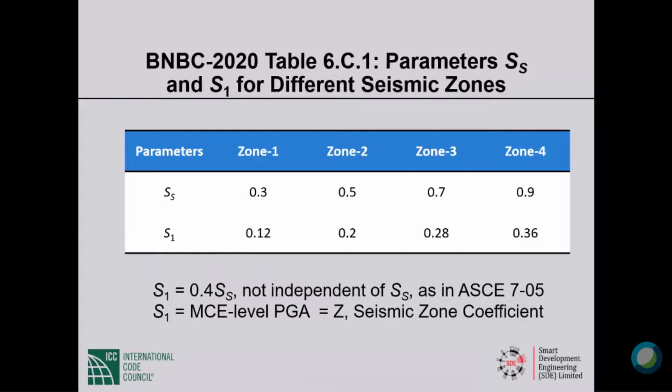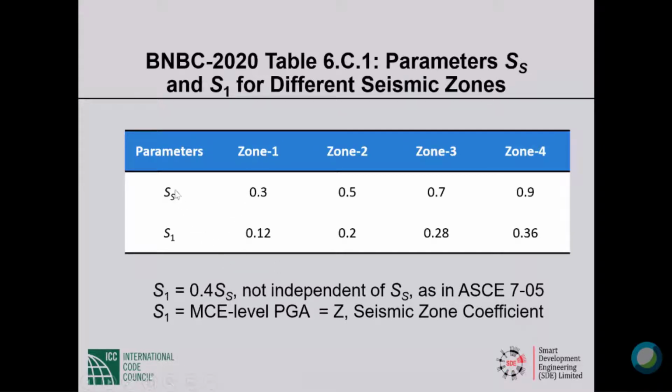So for zone 1, S sub 1 is 0.12, Z is also 0.12. For zone 2, Z is 0.2, S sub 1 is also 0.2. Zone 4, Z is 0.36, S sub 1 is also 0.36. And that is quite proper.